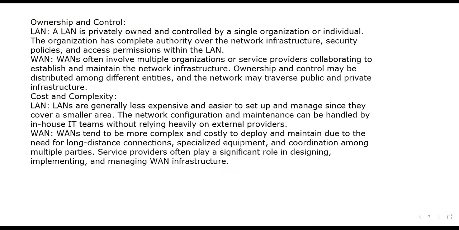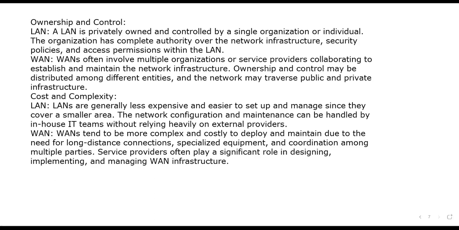LAN is cheaper and less expensive. WAN is complex and costly to deploy. Overall, we must understand that LAN is localized, whereas WAN is generalized. It's a general geographical landscape.